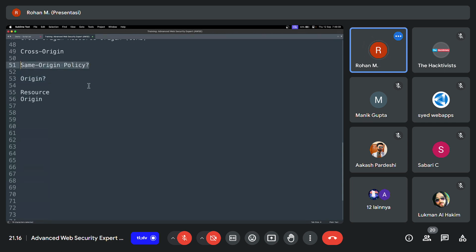It means that when any user is trying to access any resource, is the resource being accessed by the same origin, or is it a cross origin that has requested for this resource? So by setting up the same origin policy, we can set rules in the browser. The browser will be checking whether this policy is being followed or violated.